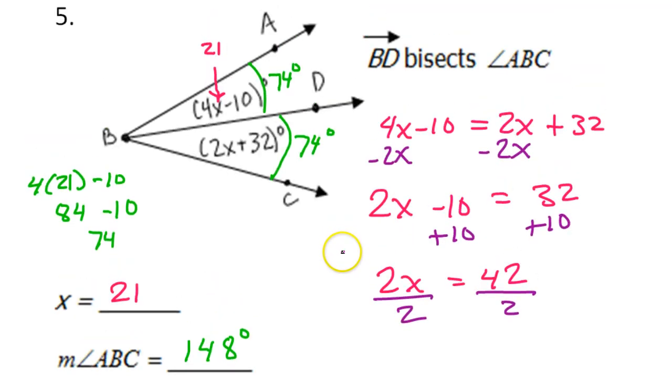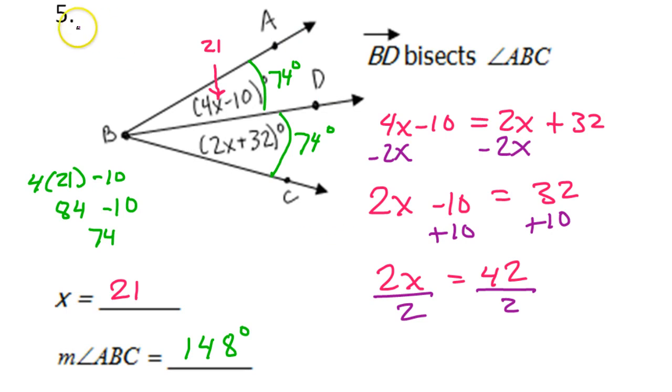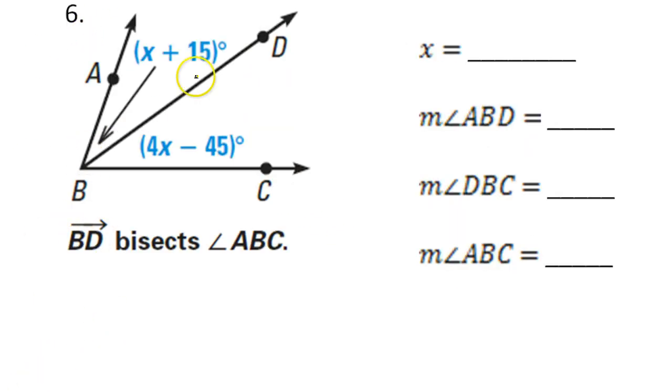Okay, and that is the measure of angle, that's the answer number 5. Again, if ray BD is a bisector of angle ABC, that means it's two congruent halves. So 4x minus 45 should equal x plus 15.